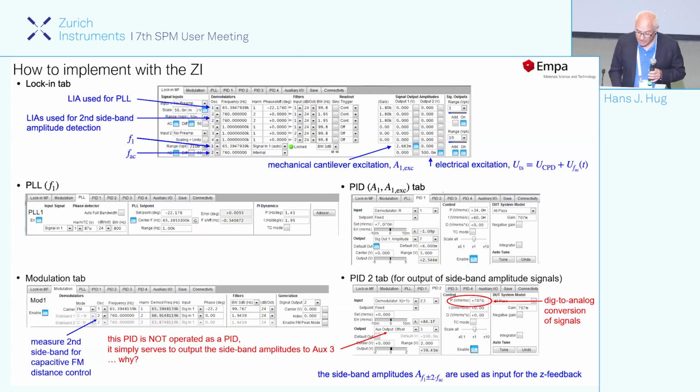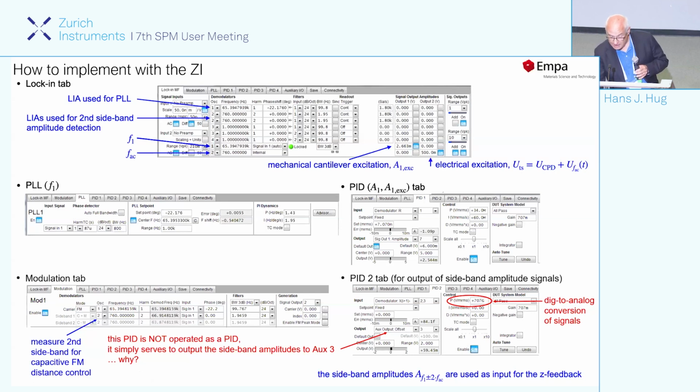Now, how do we do it? Maybe this is too much detail, but we use the first lock-in for the PLL and the second lock-in on the second sideband, so recording the second harmonic here. So in the modulation tabs, we go to the second harmonic. And then this is a little bit complicated, and I never understood why it needs to be like this. Maybe we can discuss that later.